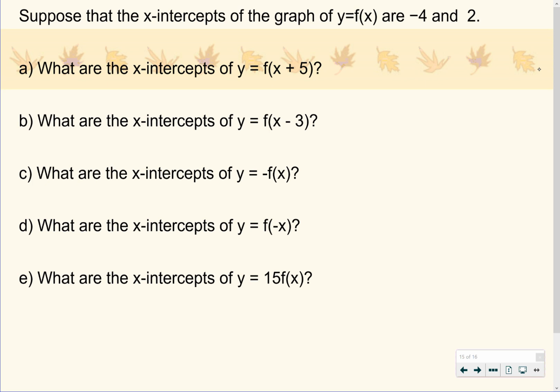If I have a +5 inside a function, which way does that move it? Left 5. Okay, now let's pick a graph. It can be any type of function that has x-intercepts at -4 and 2. So here's -4, here's 2, something like a parabola would be a good example to think about. If I take that graph and move it left 5, what's going to happen to my x-intercepts?